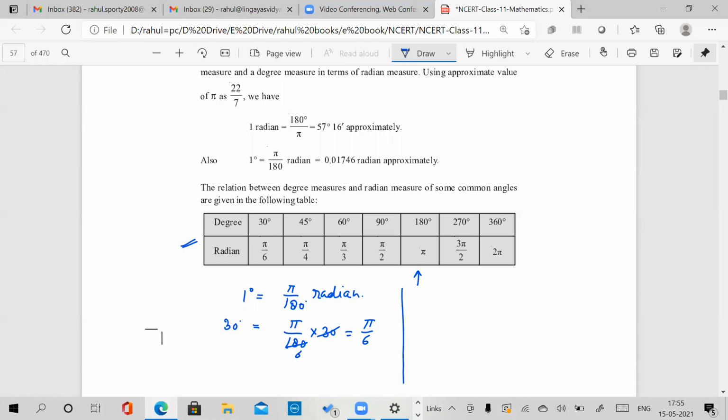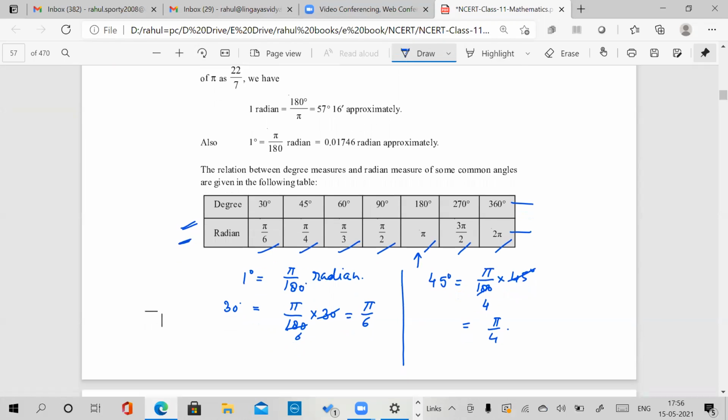For 45 degree, pi by 180 into 45 will be pi by 4 radian. So pi by 6, pi by 4, pi by 3, pi by 2, pi, 3 pi by 2, 2 pi. You can convert the degree into radian, and you have to learn these radian angles. Okay.